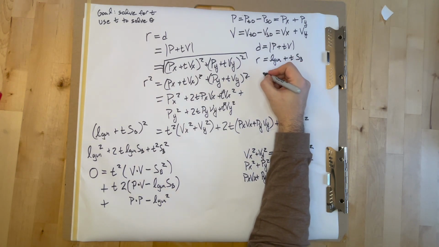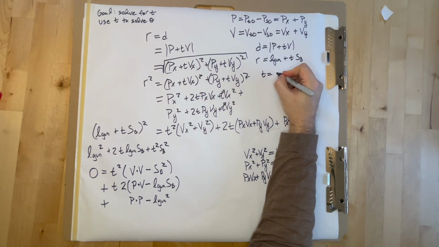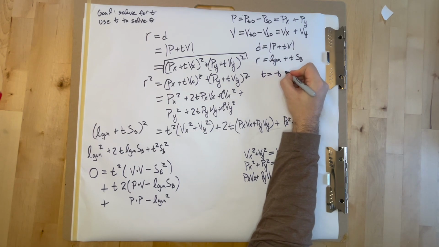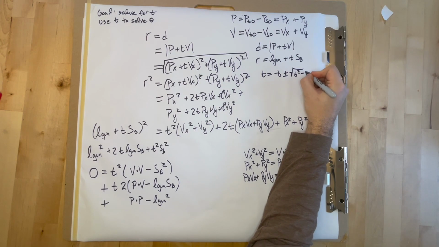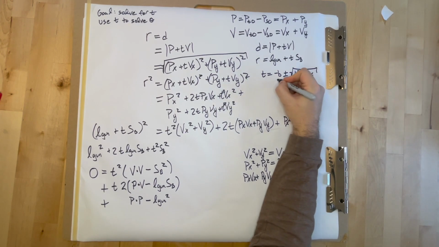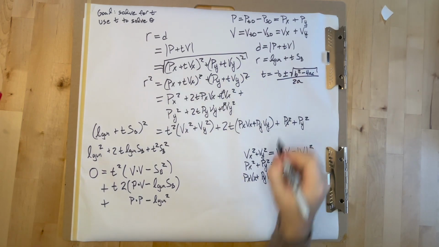So for our quadratic equation, which I'll write up here, we have t is equal to negative b plus or minus the square root of b squared minus 4ac all over 2a.